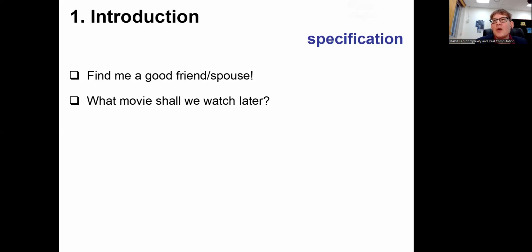The user does not know what the user wants. So arriving at a problem specification that the user also understands and accepts is a huge endeavor.